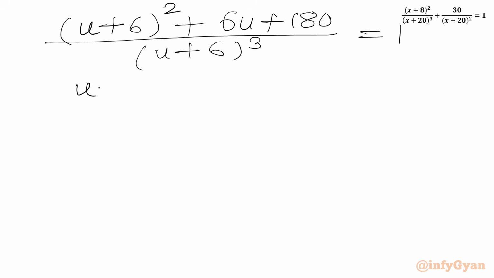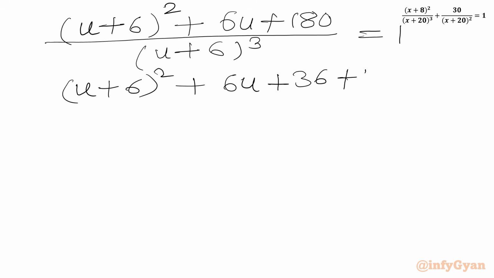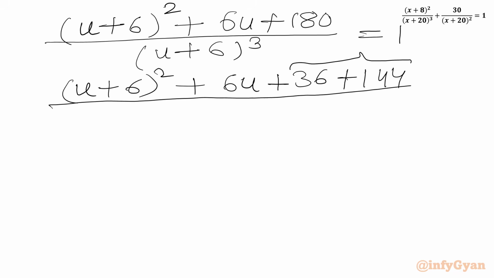Now we will write u plus 6 whole square plus, we will write 6u as it is. Then 180 can be written as 36 plus 144. This is 180. And denominator is u plus 6 whole cube. RHS is 1.